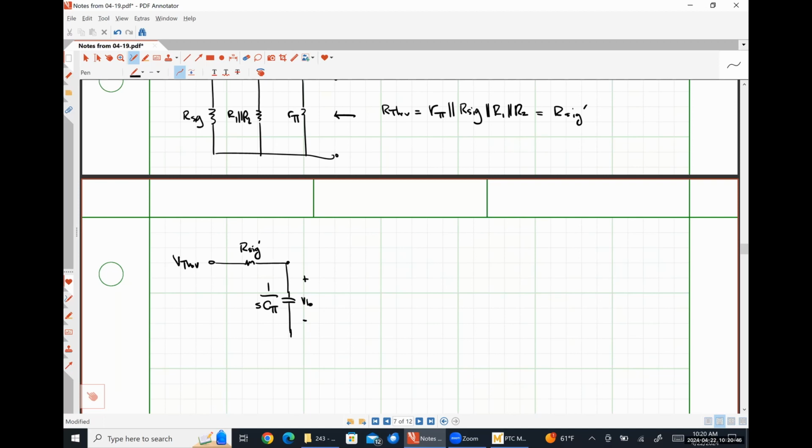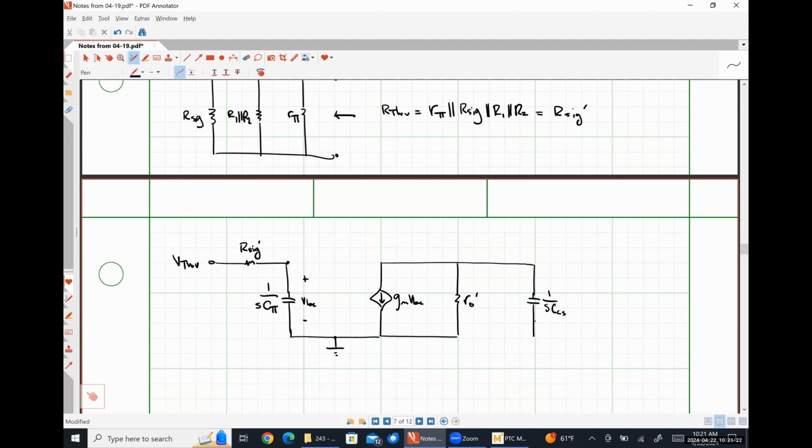My voltage drop VBE, the dependent source gm VBE, R naught prime, and 1 over S C CS.